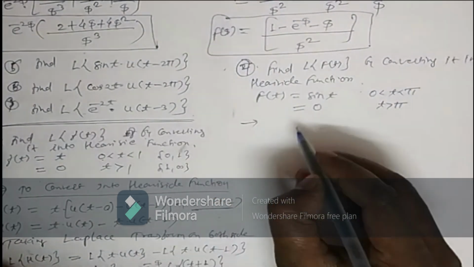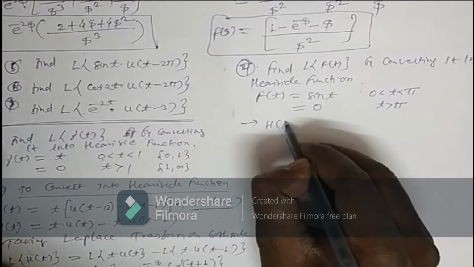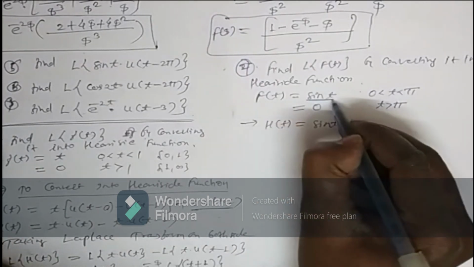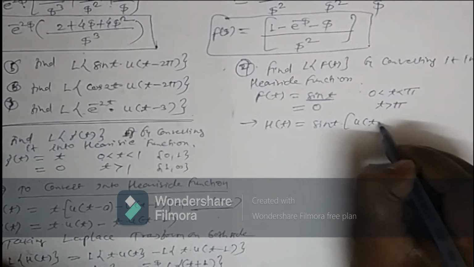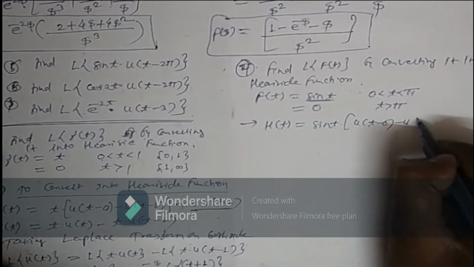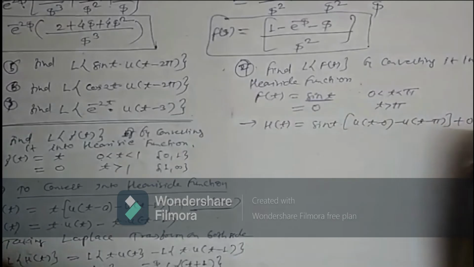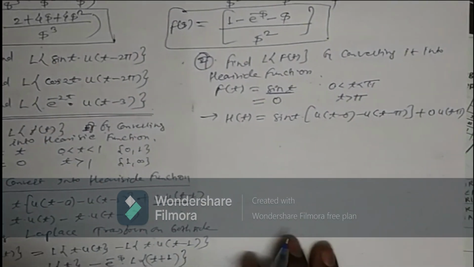Look at this. So h of t is equal to sin t into bracket u of t minus 0 minus u of t minus pi, plus 0 into u of t minus pi.